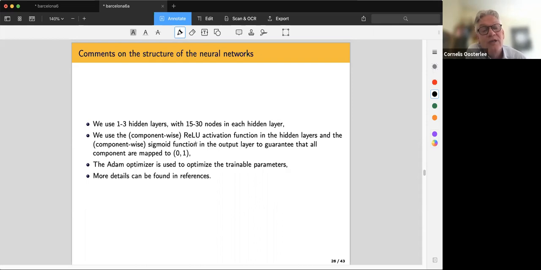We use the Adam optimizer. All the details go a bit fast and are very technical; they are in the references, but I hope to convey the idea.